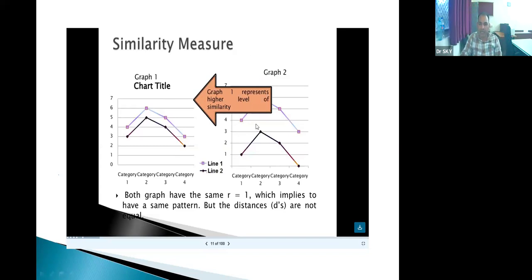While the correlation is 1, we may have a larger distance. That is why we apply proximity or distance as the measure of similarity in cluster analysis. Both graphs have the same r equal to 1, which implies the same pattern, but the distances are not equal. Here it is only 1 unit, while here it is 3 units.